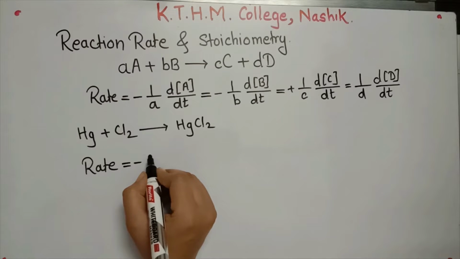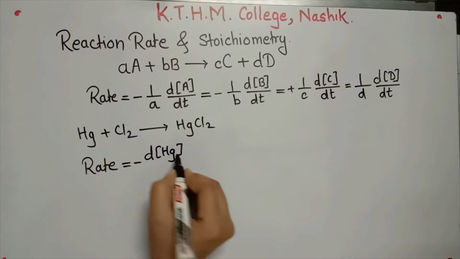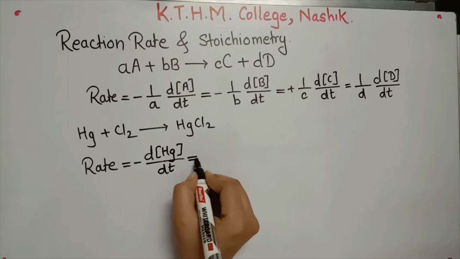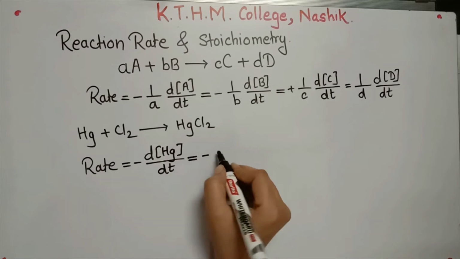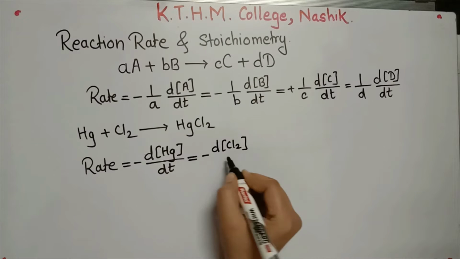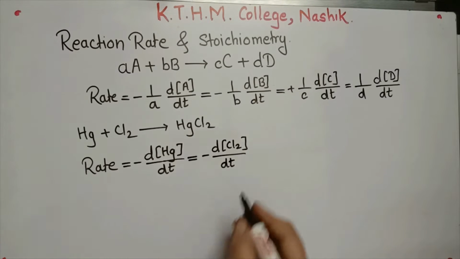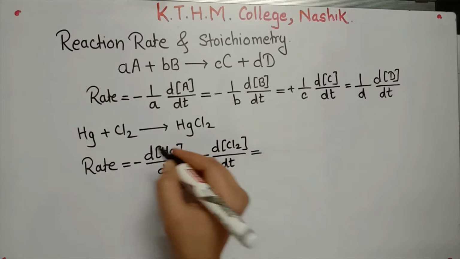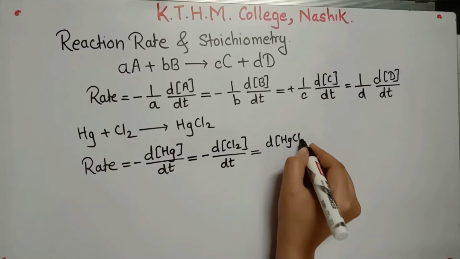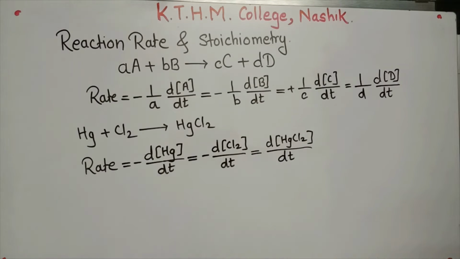It is on the reactant side. Change in concentration of Hg upon change in time, which is equal to minus change in concentration of Cl2 upon change in time, which is equal to plus change in concentration of HgCl2 with respect to change in time.